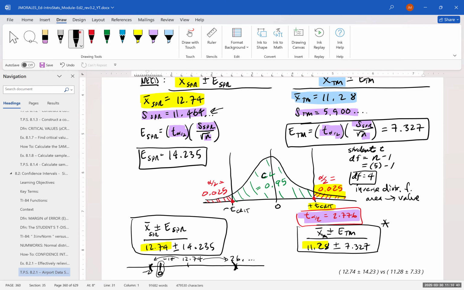Whereas if we look over here at T-Mobile, we have a mean of 11.28, and if we add error to that to get the upper bound of our interval, that's going to be roughly 11 plus 7, which will be 18 and some change. And then if we subtract error to get the lower bound for that interval, it's going to be 11 minus 7, which is approximately 4.